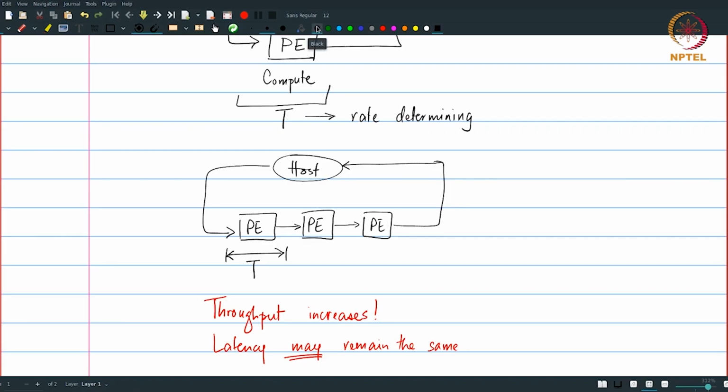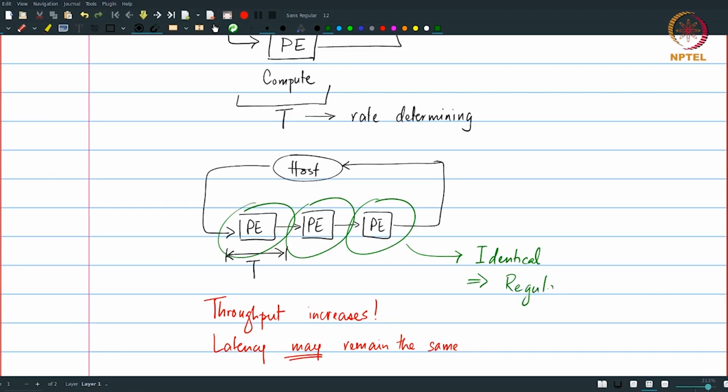All right, so the question is, this is regular pipelining. What makes this a systolic array? The idea of a systolic array is when we further apply the restriction that each of these processing elements should be identical or close to identical. If they are identical, essentially what we end up with is something called a regular structure, meaning that a simple kind of processing element can be repeated again and again in order to get the overall computation working properly.